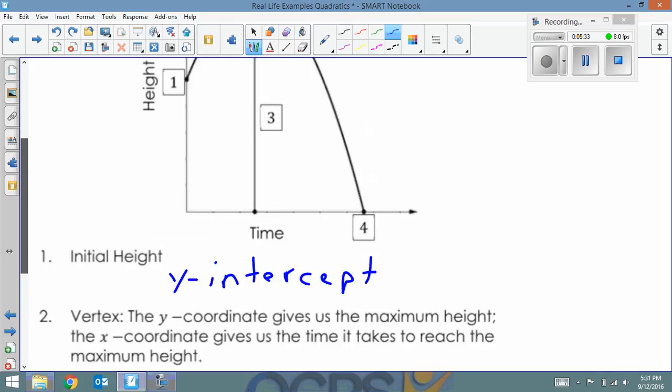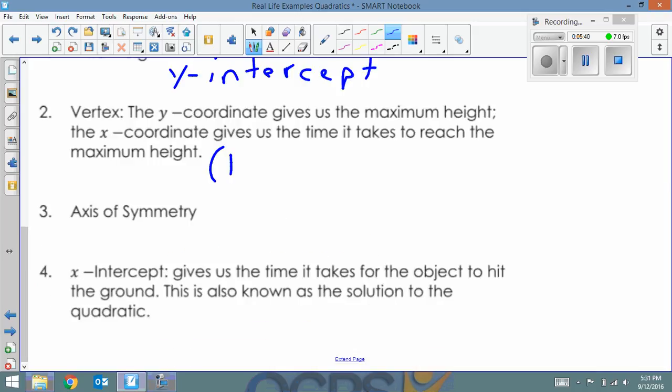So our vertex is in the following form. If we write it as an ordered pair of x comma y, it's going to be time comma height.